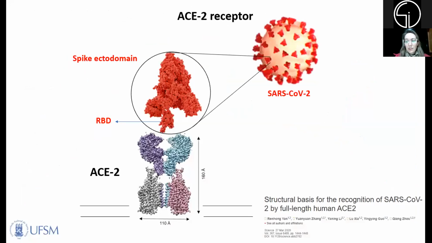We can see here SARS-CoV-2 and the spike ectodomain. The specific region of spike that binds ACE2 is the RBD, the receptor binding domain.